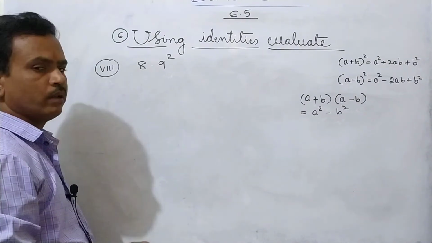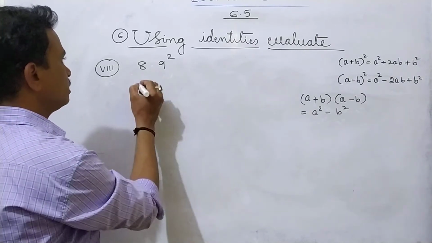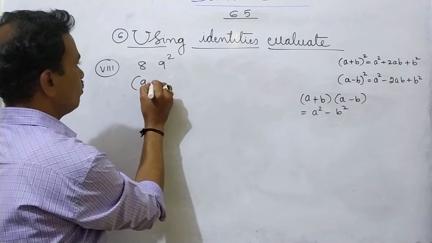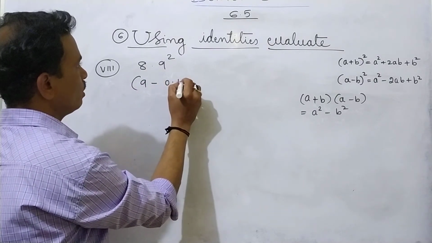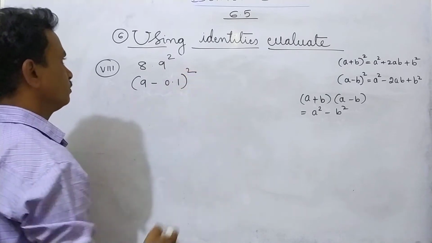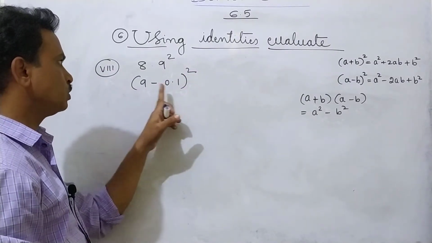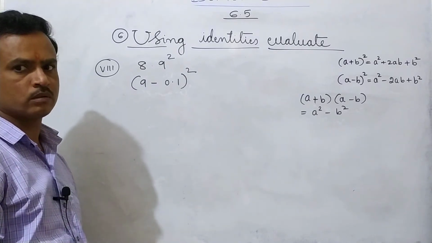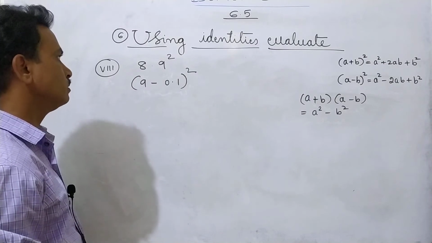So (8.9) whole square. So this can be written as (9 minus 0.1) whole square. Okay, 9 minus 0.1 is equal to 8.9.